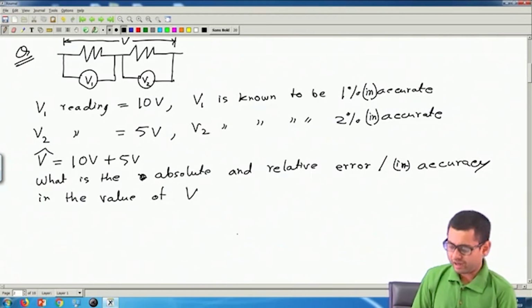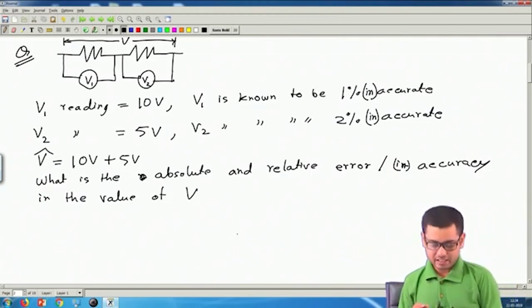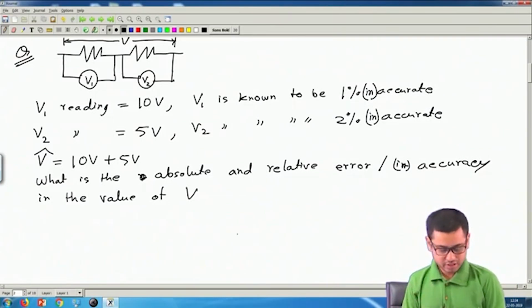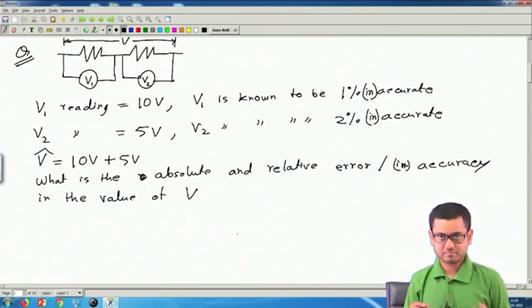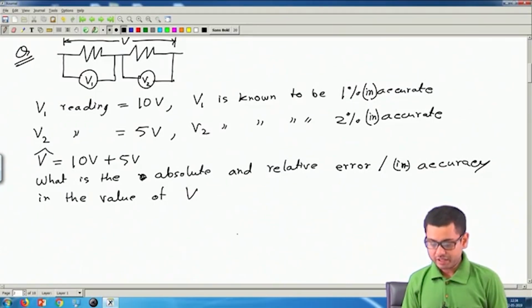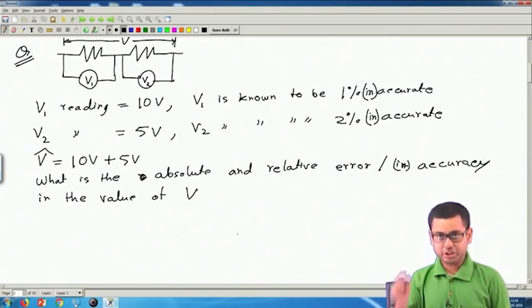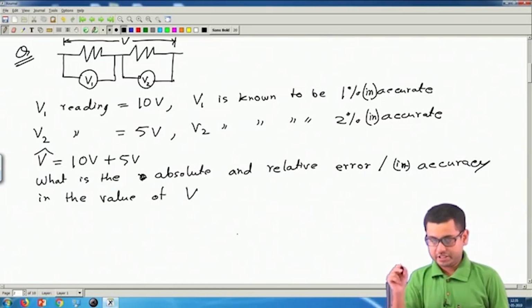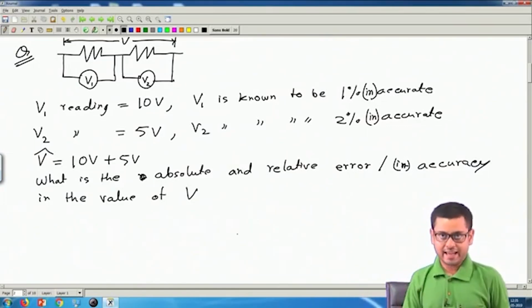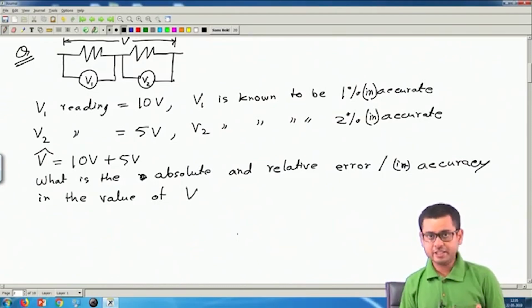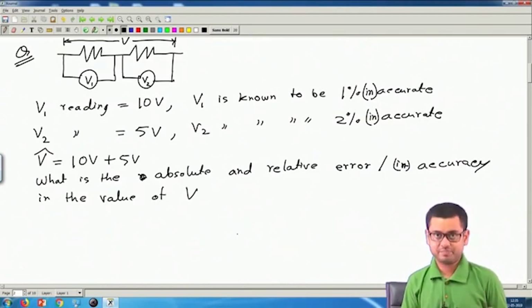So with these terms you should be open minded. You should not memorize these terms, that error is this minus this by this, or accuracy is this formula. It's not like that. Depending on the situation, from the wording you have to understand what is meant.